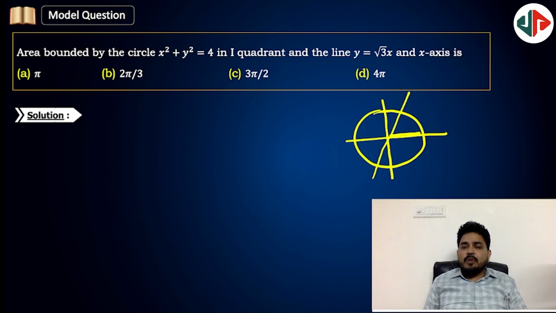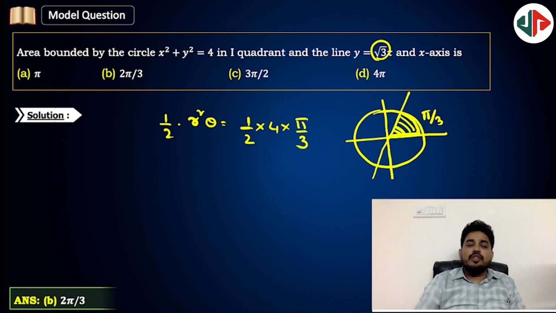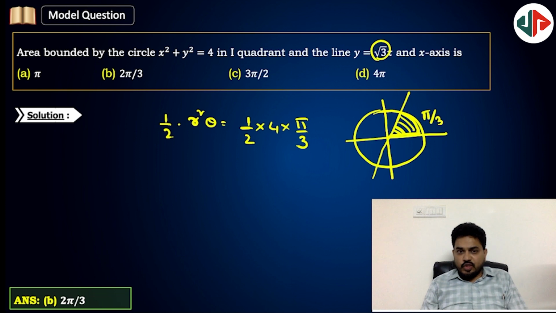So this is one boundary, this is one boundary, and this is one boundary. The angle is pi by 3. How can you say? The slope is root 3. So the answer is half r square theta, where theta should be in terms of radians. R square is 4 and theta is pi by 3. So the answer is going to be 2 pi by 3.